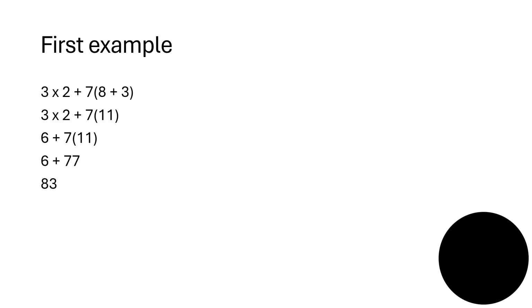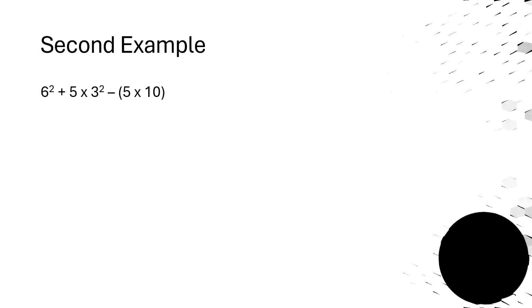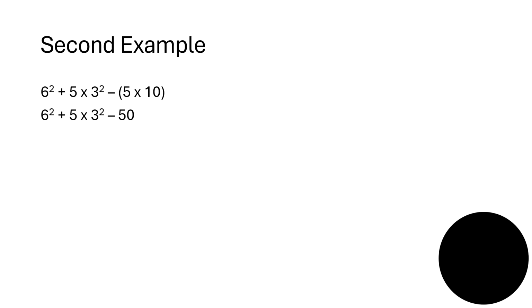Our second example is 6 squared plus 5 times 3 squared minus 5 times 10 in parentheses. And so we do the parentheses first, and of course the 5 times 10 in parentheses turns out to be 50.